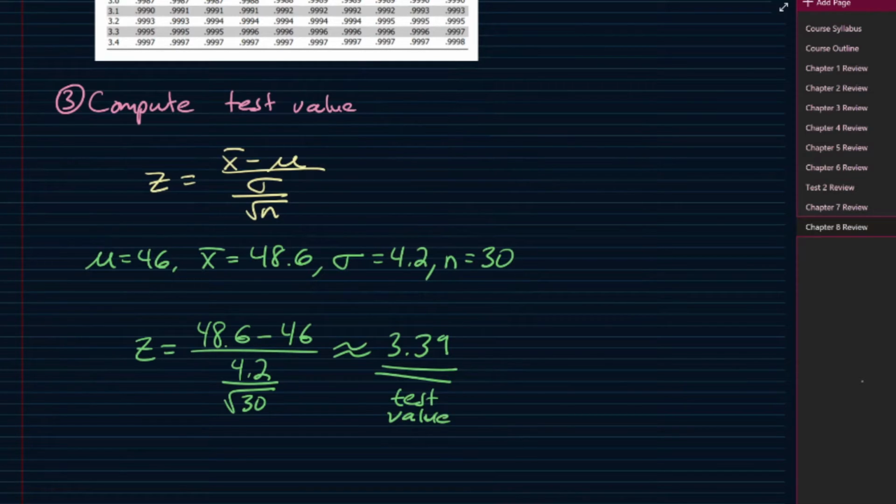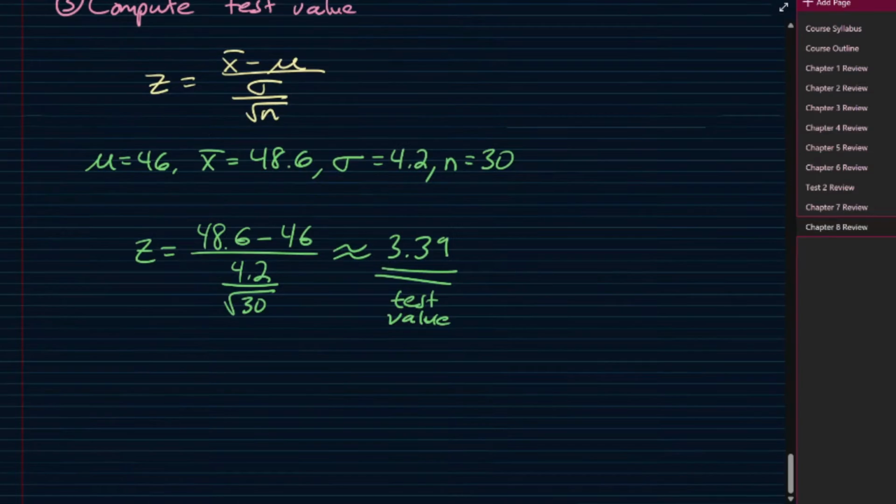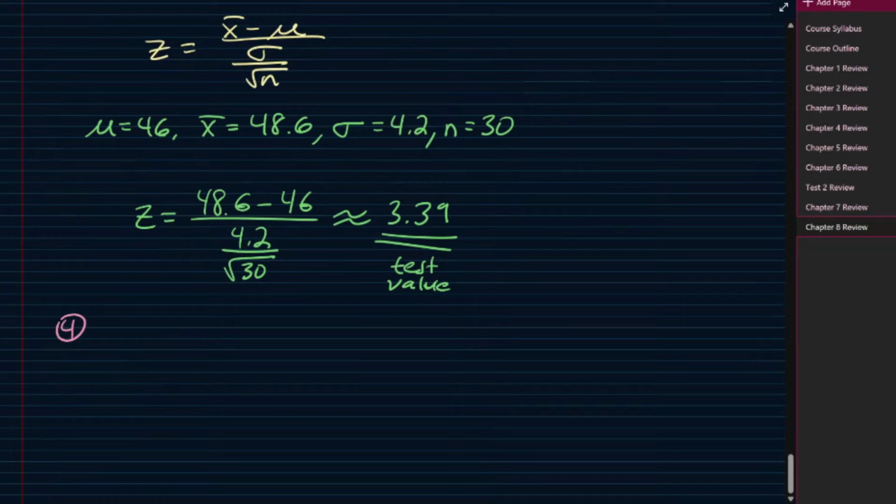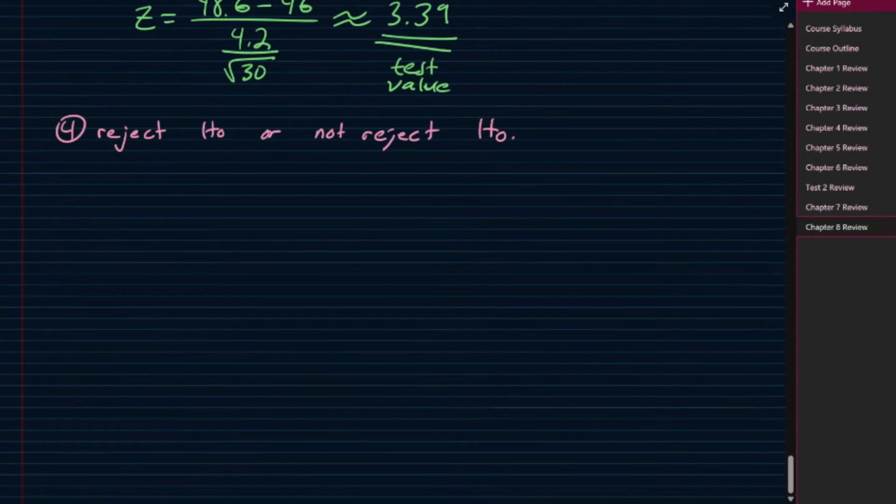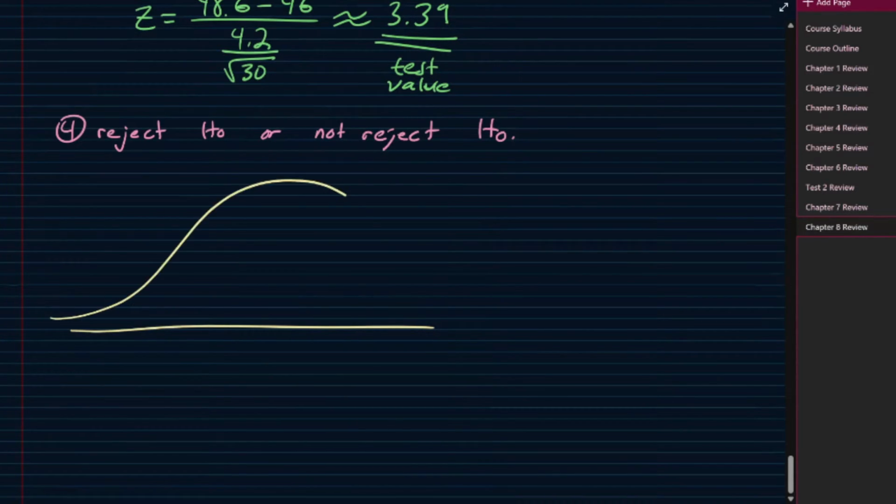Step 3 done. Now step 4, we make our decision. So we're either going to reject h sub 0 or not reject h sub 0. Well, we compare our critical range and our test value.